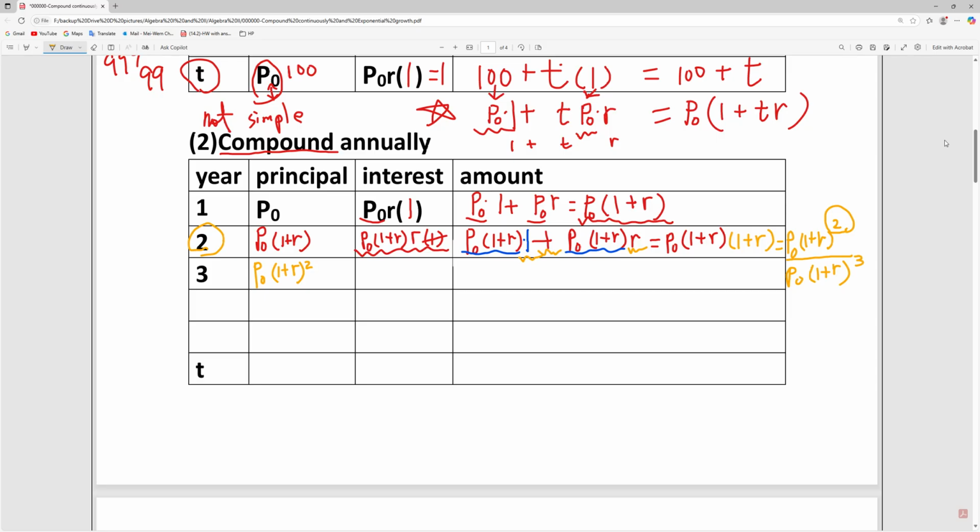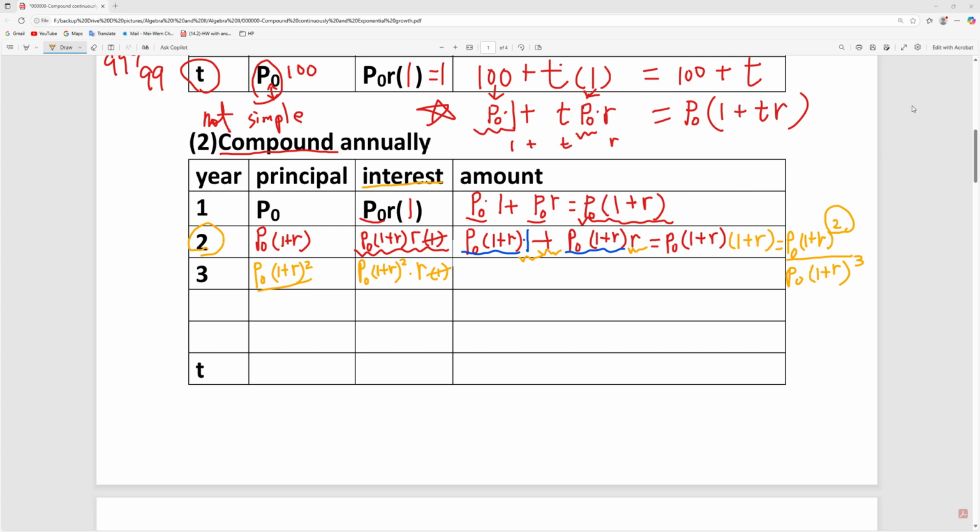Okay. So right now your third year interest will be based on your new amount P0 (1 plus R) squared and times R for 1 year, right? So this 1 is times 1, nothing.